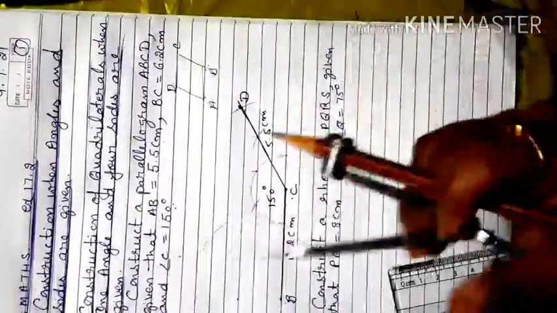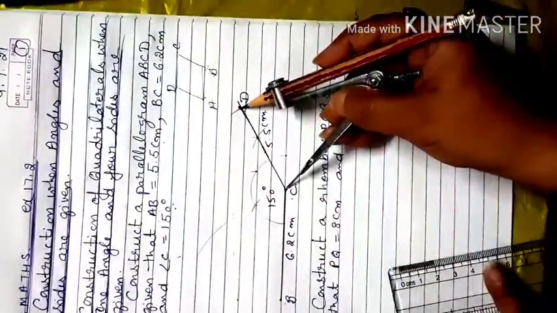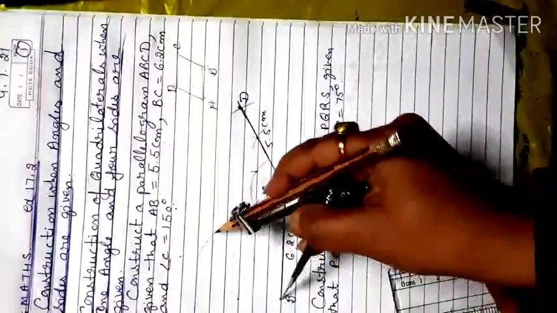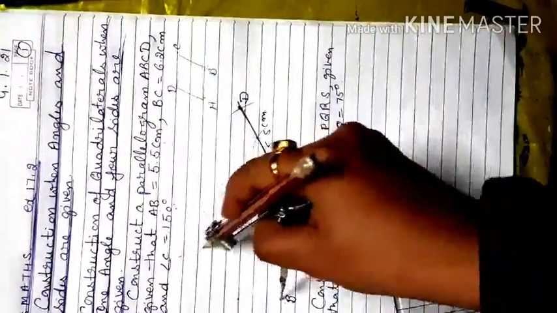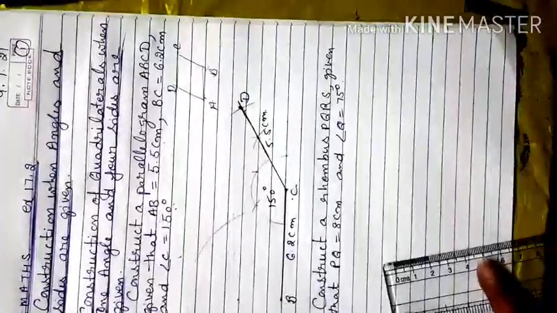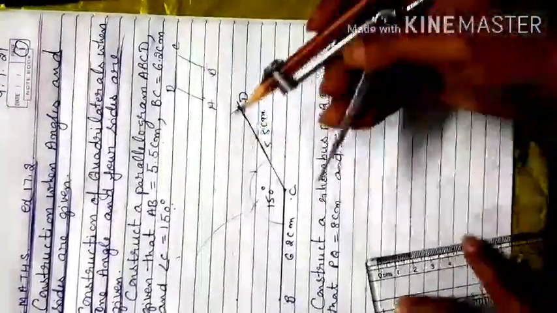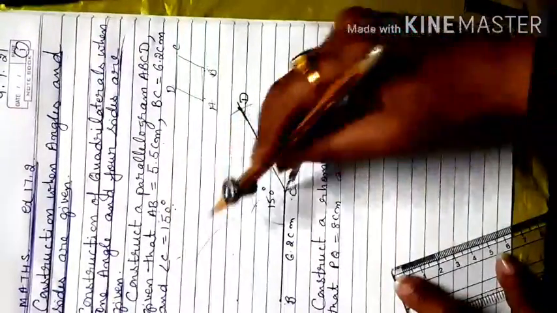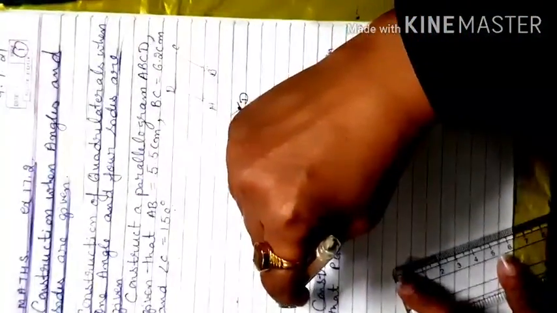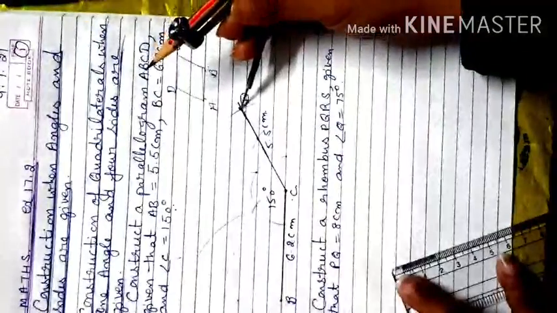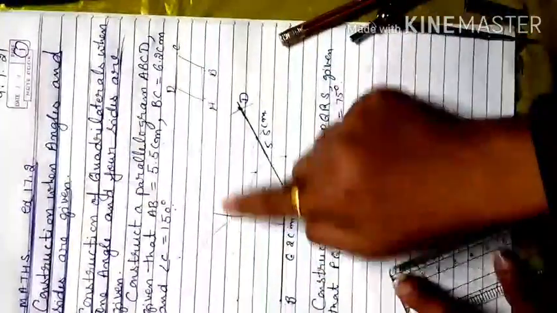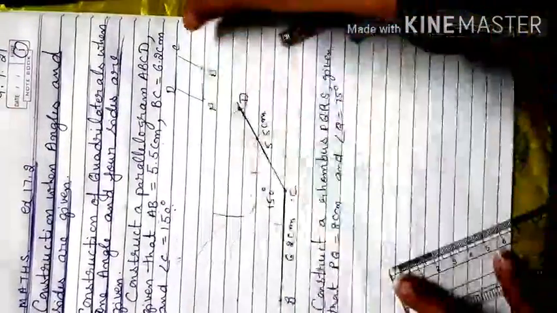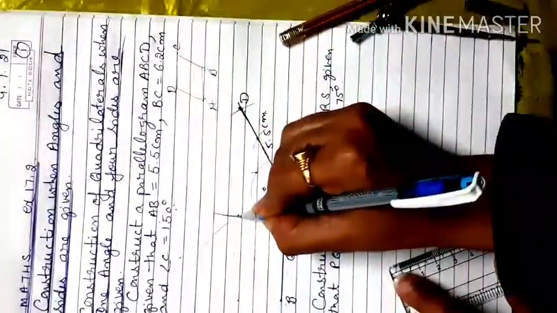The compass is already open at 5.5, so I make a bigger arc so that I can easily find the location of the A point. Now I open the compass to 6.2, keep it at the D point and cut that arc. Where the 5.5 arc and the 6.2 arc cut, we mark a point here.